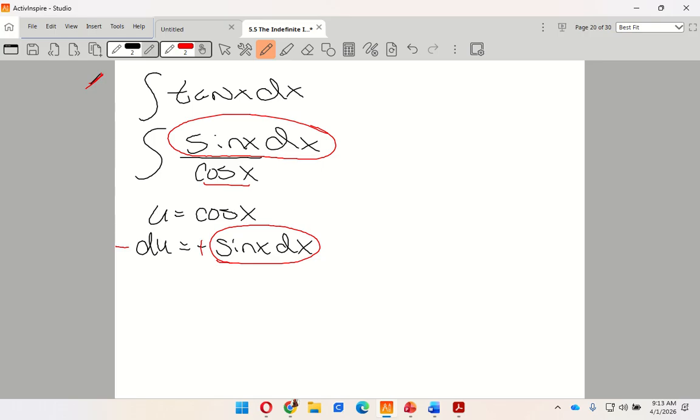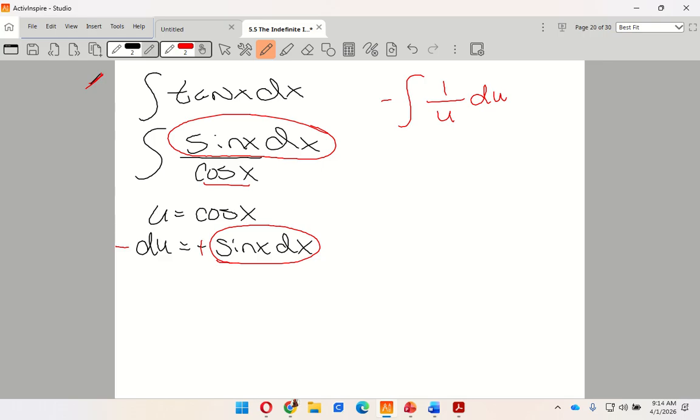Are you okay with that, Blade? Yeah, I moved the negative to the other side. All right, so now I'm going to rewrite my problem. So I'm going to have integration, so negative 1 over u du. Wow, that cleaned up a lot, didn't it? Yes? Okay.